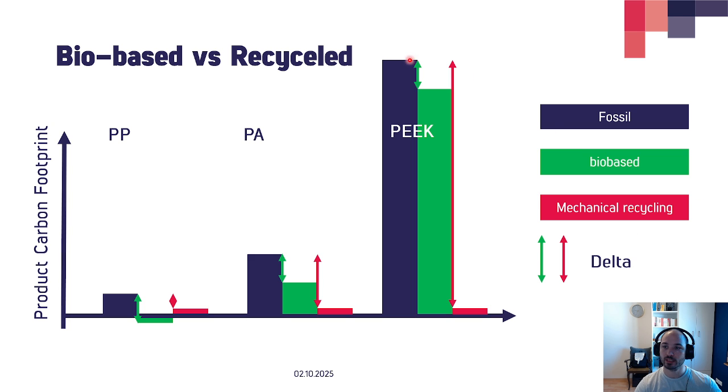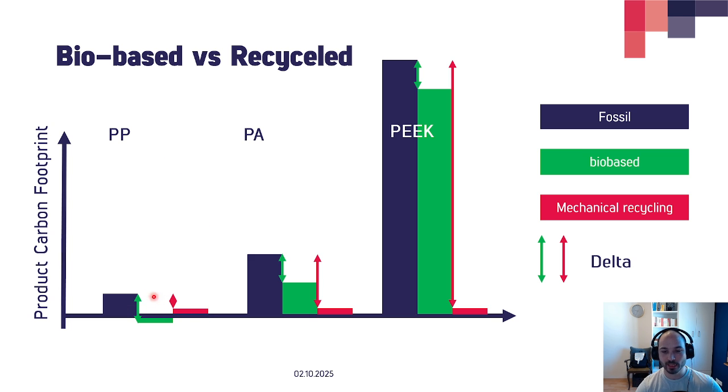So PEEK is extruded at 400 degrees and polypropylene at maybe 230, 250-ish, meaning that polypropylene has a little less environmental footprint for mechanical recycling than PEEK, but it is between 0.3 and 1 kilogram of CO2 per kilogram of plastic. So it's nearly constant, or in that range.